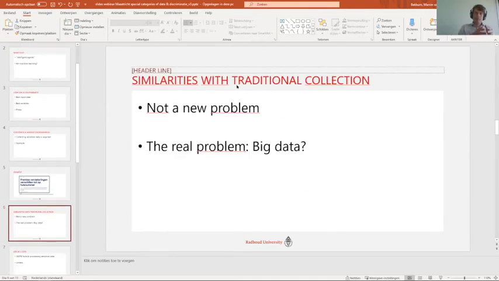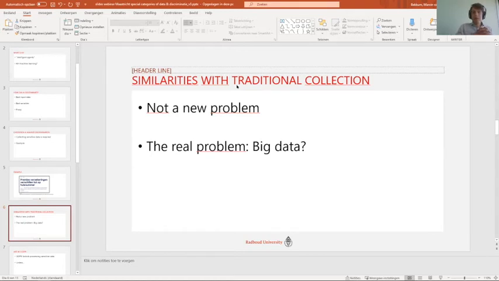Of course, collecting data to prevent discrimination is nothing new. In the last century, it was also necessary. But we live in what is called the big data age. Data is sometimes called the new oil, and this can lead to data hogging. In this age, it is very valuable to collect a lot of data about people.